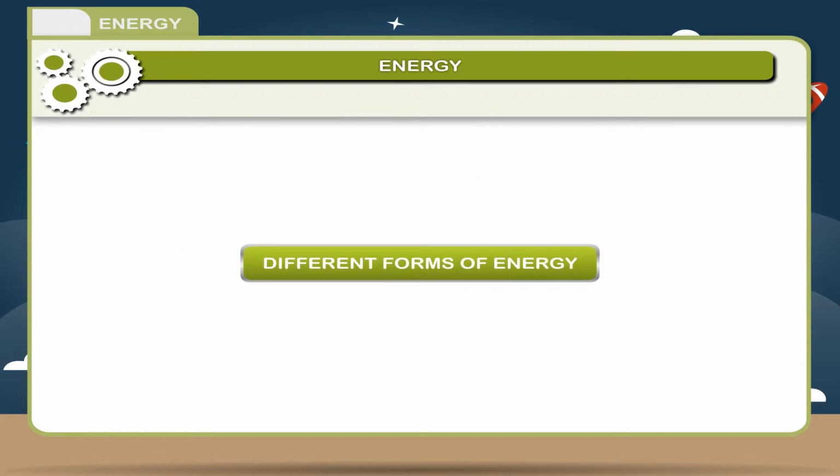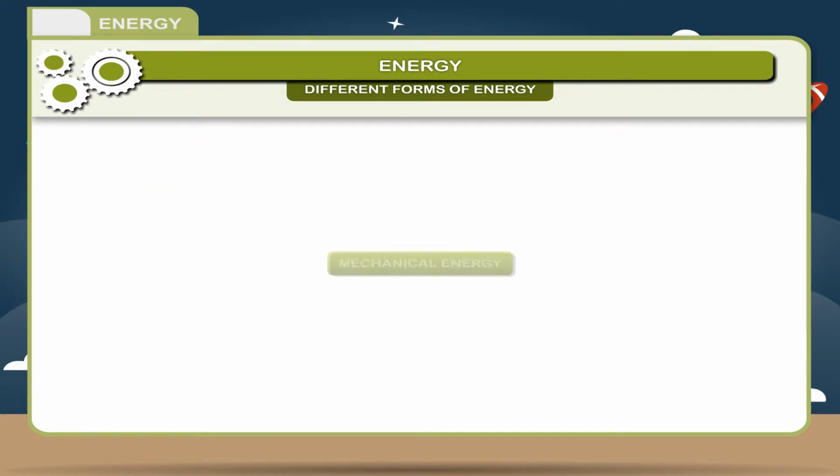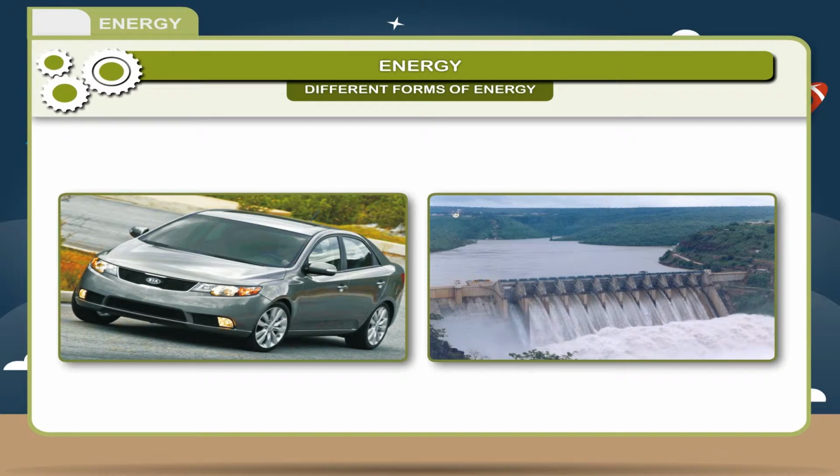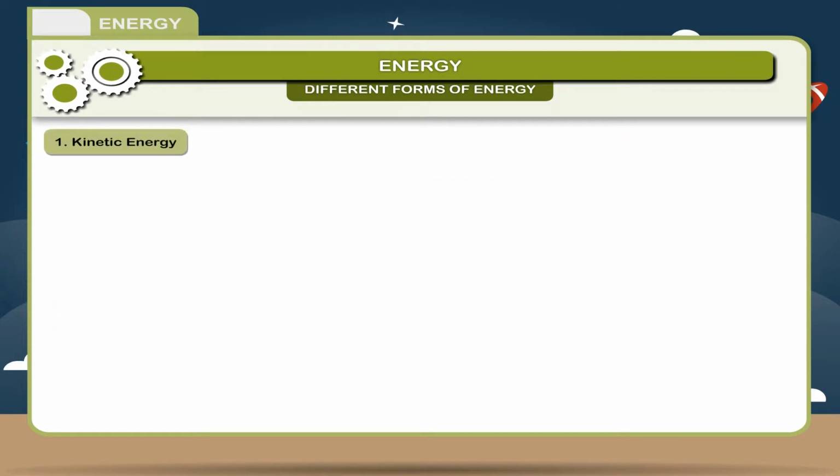Different forms of energy. There are different forms of energy. Mechanical energy. Energy by virtue of which some mechanical work is done is called mechanical energy. It has two forms: 1. Kinetic energy. 2. Potential energy. 1.